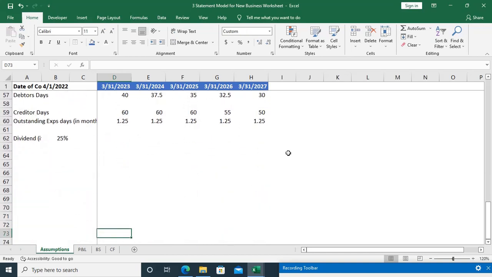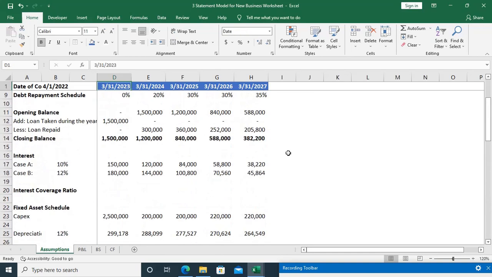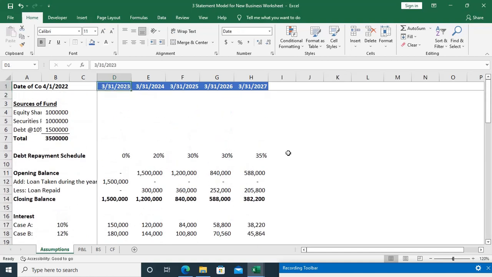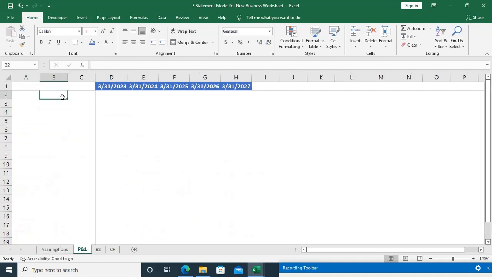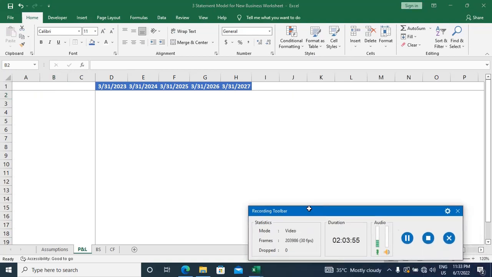So yeah, these were just a few assumptions that we have taken. Now we can start working on the profit and loss statement. One by one we will be building all the statements.